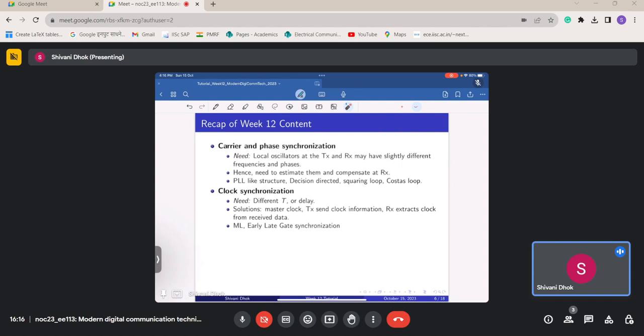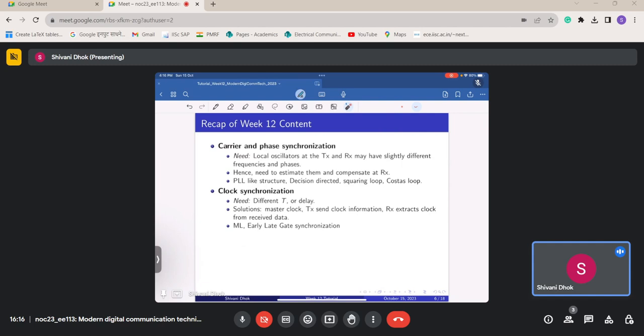So if the symbol duration T is different at your transmitter and the receiver, that is, the clock that generates this T has some error, like let's say some T plus delta, or T plus minus delta, is being generated at your receiver, and at the transmitter we have T. Again, you will sample at different locations. You won't get proper samples.